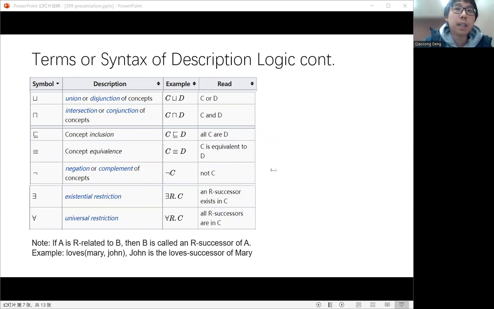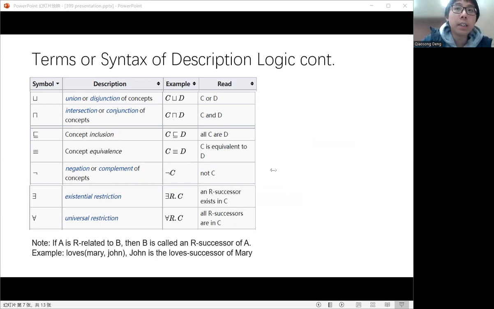Some symbols are the same as those in first-order logic, such as intersection or conjunction, union or disjunction, negation or complement, universal restriction, and existential restriction. I won't explain too much about these basic logic symbols. There is only one thing that we need to notice.